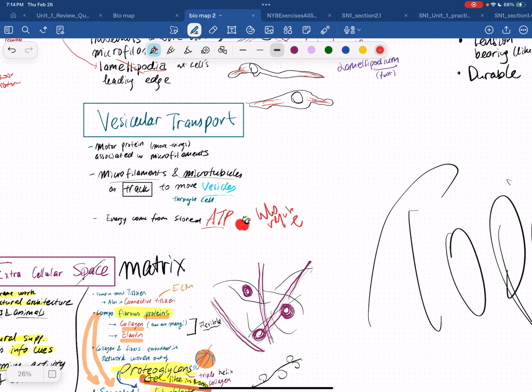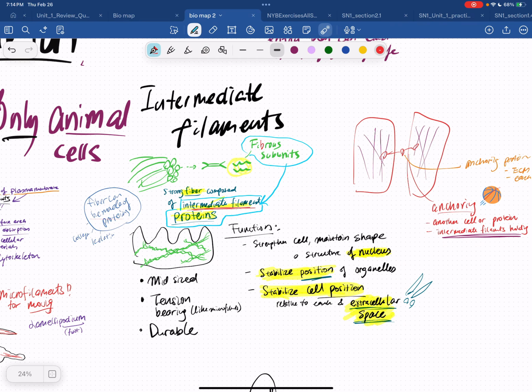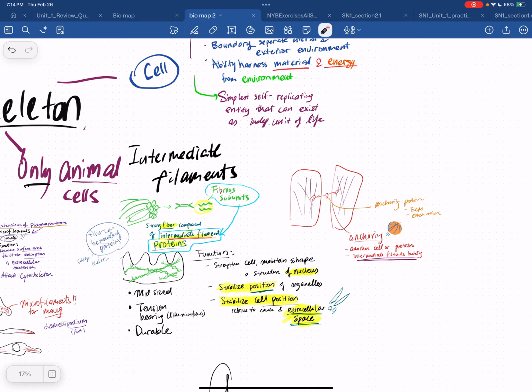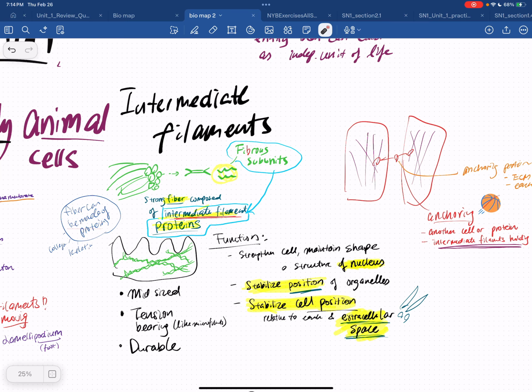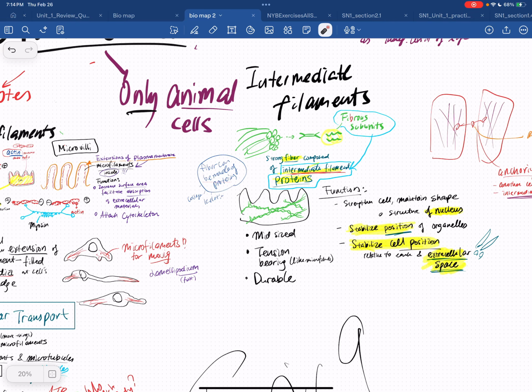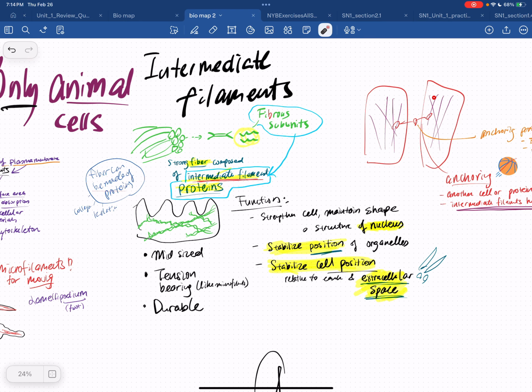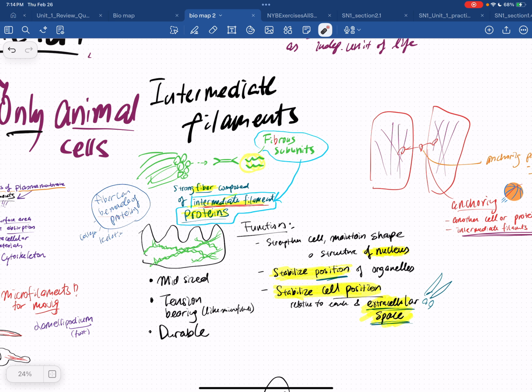So moving on, intermediate filaments. Intermediate filaments are the ones only in animal cells, not all eukaryotic cells. And these are fiber proteins, strong fibers composed of intermediate filament proteins.